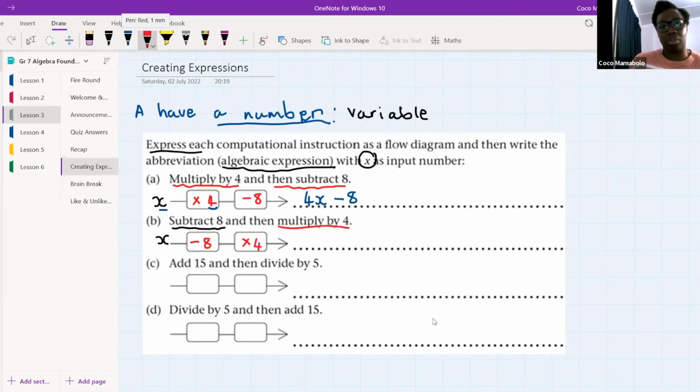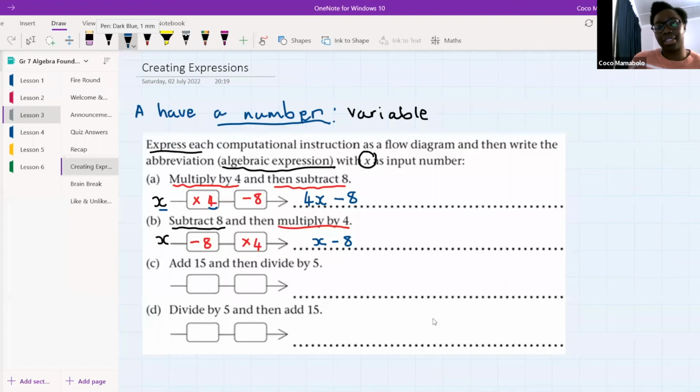Multiply by 4. What is that going to look like if I put it into an expression? What am I going to have? Where would we start? We would start at X and then minus 8.